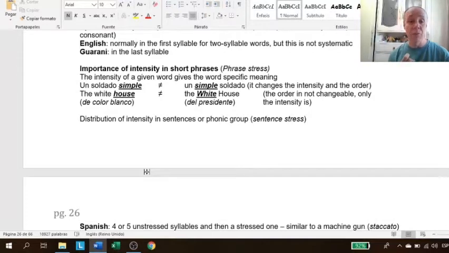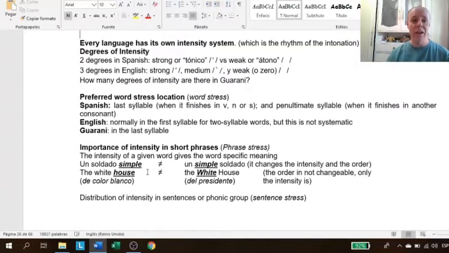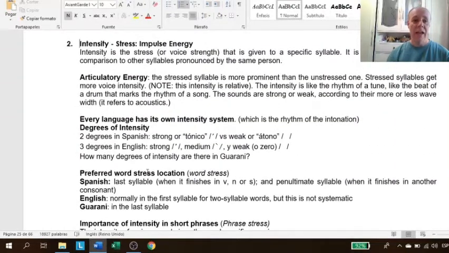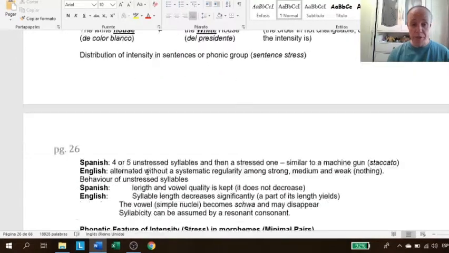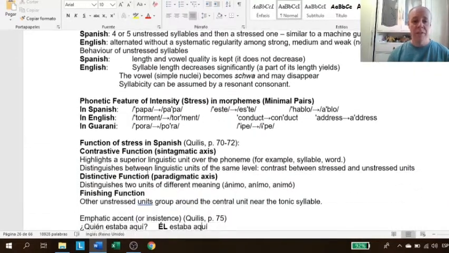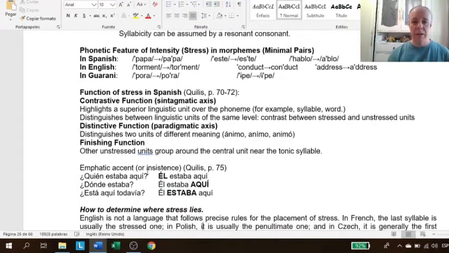So, we have seen two prosodic features so far. First, length, and we know how to represent it in phonemic and phonetic transcriptions. And then we have intensity or stress, and we know how to represent it by writing an apostrophe, isn't it? There's nothing new here so far.